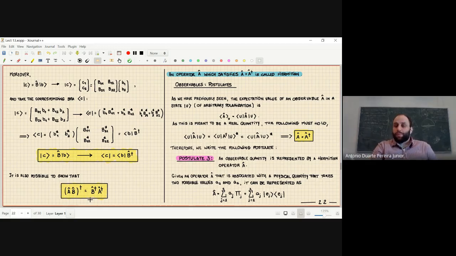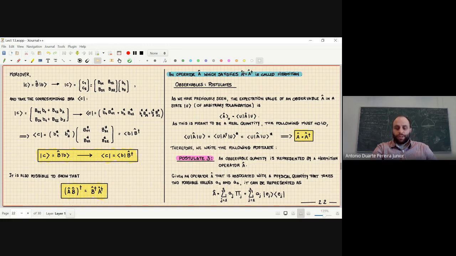And now comes a very important definition, which is the following. If you have an operator A, and every time that I say operator, you can think of it as a matrix to be concrete. So if you have an operator A, which satisfies the relation A is equal to the Hermitian conjugate of A, okay?